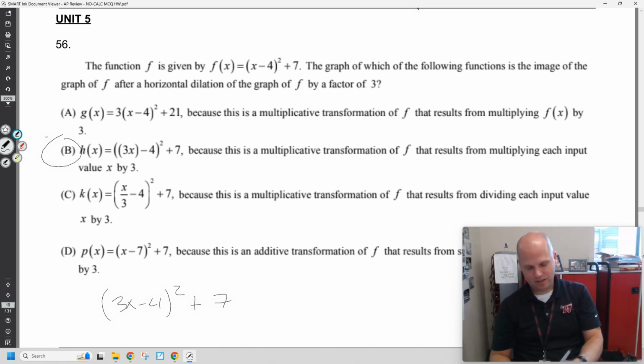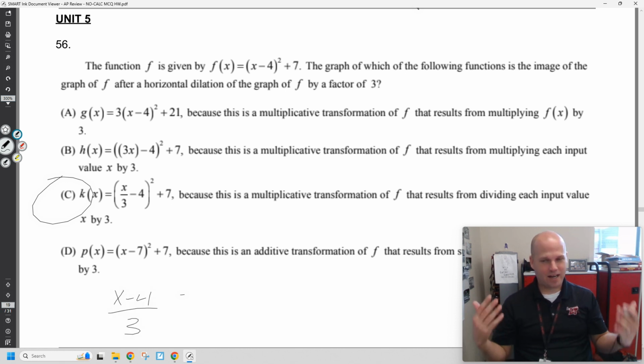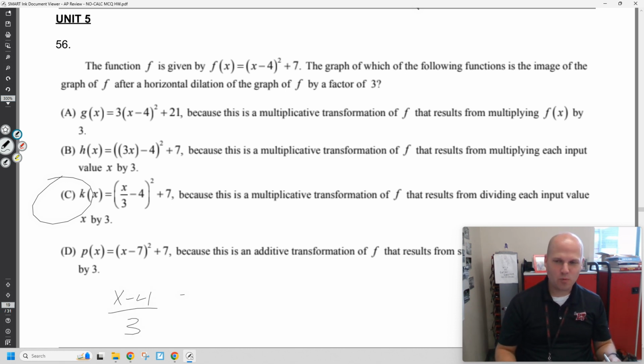Sorry, not that option. That's the same option. If you give me this option or this option, oh shoot, that's wrong. It's so weird, dilations and the order of things and how they happen.